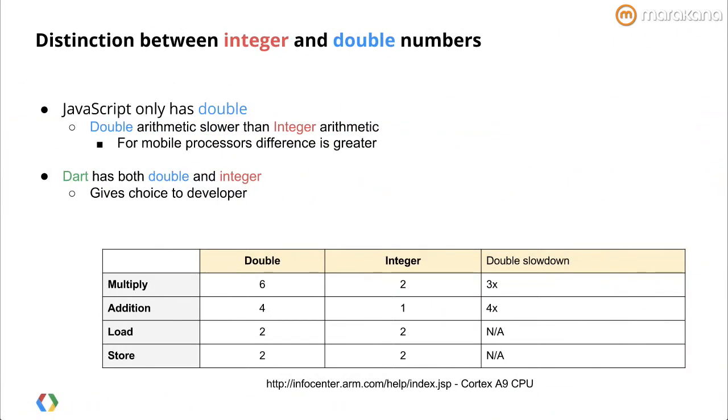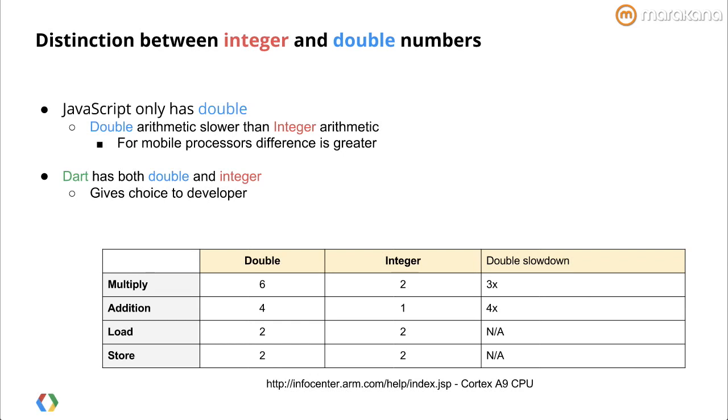There is a distinction between integers and doubles. The key point here is that double arithmetic is slower than integer arithmetic. The table at the bottom of the slide here is from a recent ARM processor showing you the cycle latency counts for doing arithmetic on doubles versus integers.